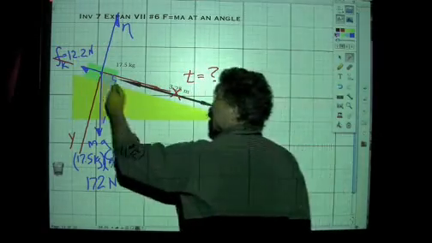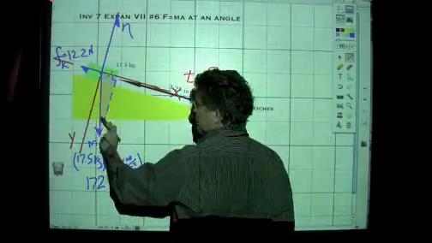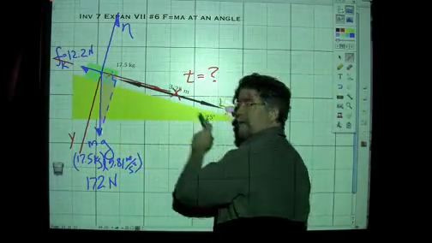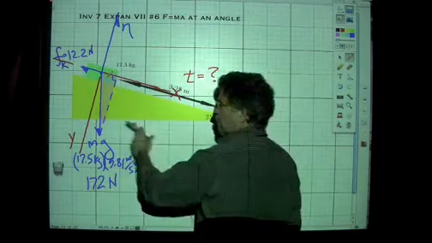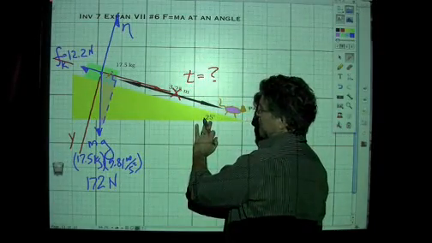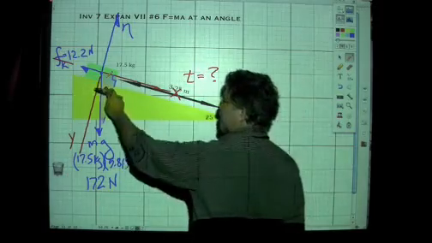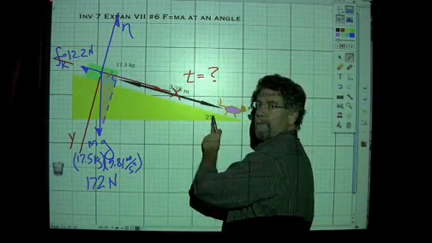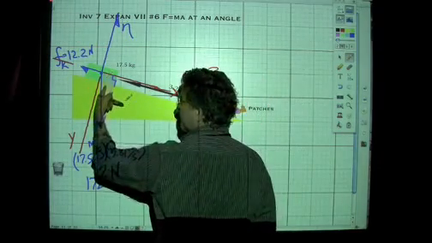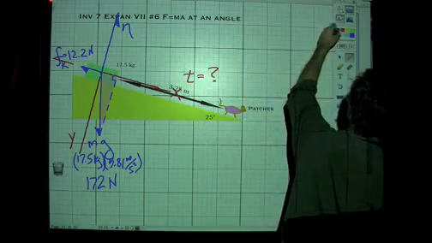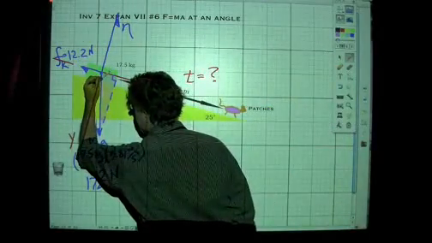25 degrees there. That's a right triangle, so that angle right there is complementary to 25 because the three angles of a triangle add up to 180. So that's 90, that's 25. This must be 65? Yeah, 65 degrees, because 65 plus 25 is 90. So that's 65 there.